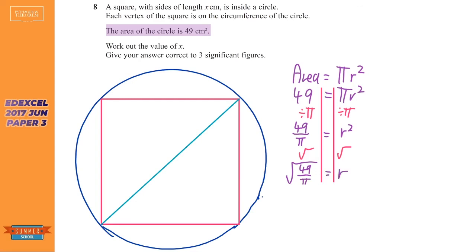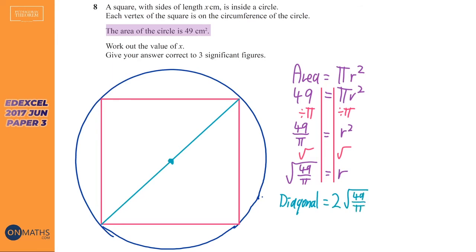So I've got the radius, but the radius is only going to be halfway across the diagonal. So to work out the diagonal, and always show the examiner what you're doing, we just need to do 2 lots, or 2 times the radius, which is root 49 over pi. So 2 lots of that.